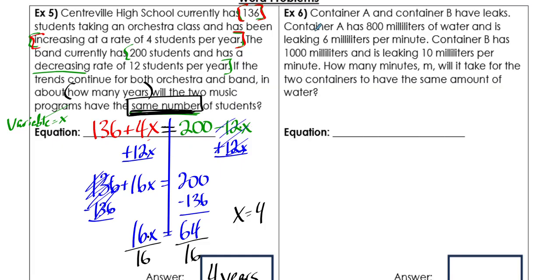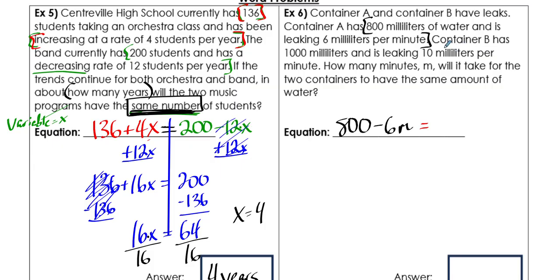Example 6, container A and container B have leaks. Container A has 800 milliliters and it's leaking 6 milliliters per minute. So it starts out at 800 and it's going down by 6 per minute. We want to know when will that container have the same amount.